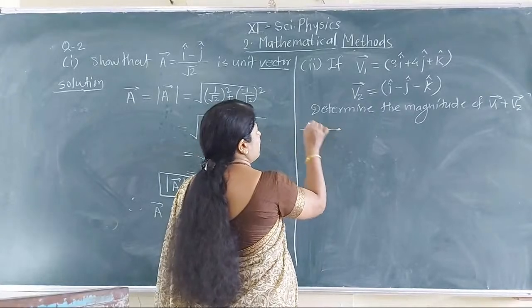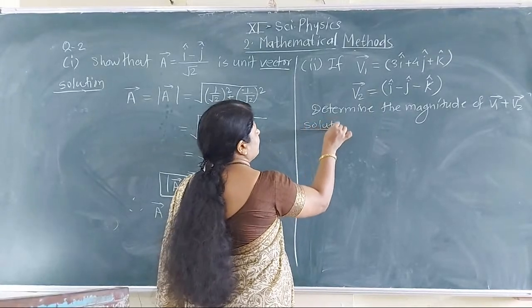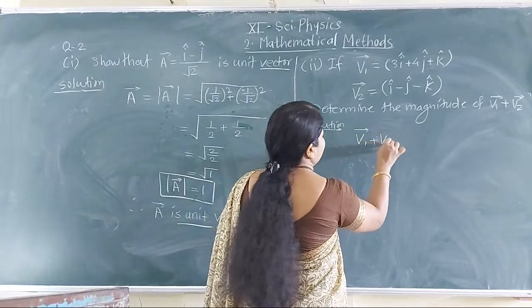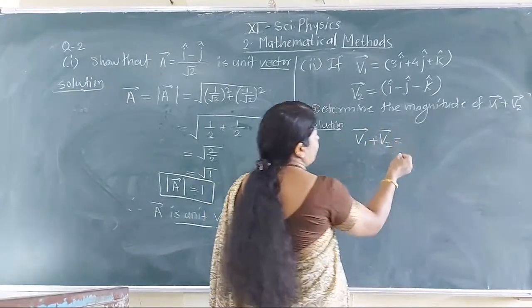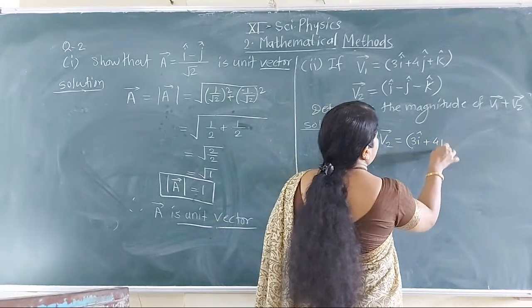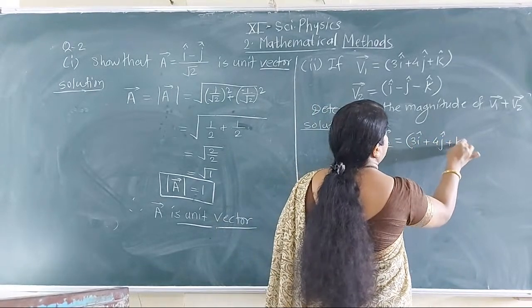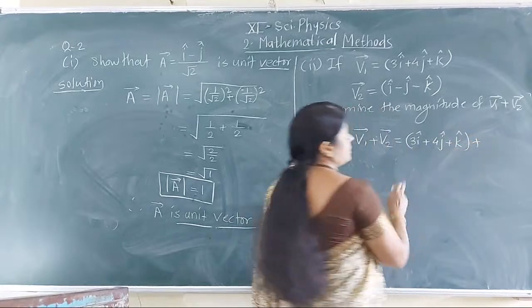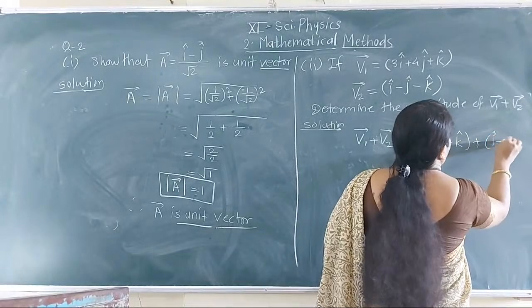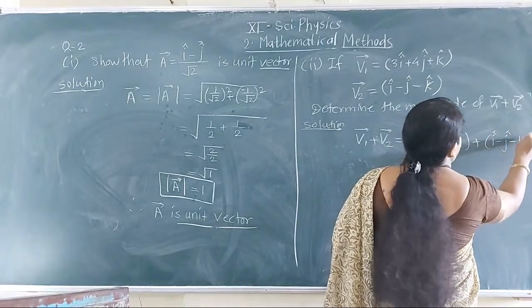So solution: vector V1 plus vector V2 is equal to 3I cap plus 4j cap plus k cap plus I cap minus j cap minus k cap.